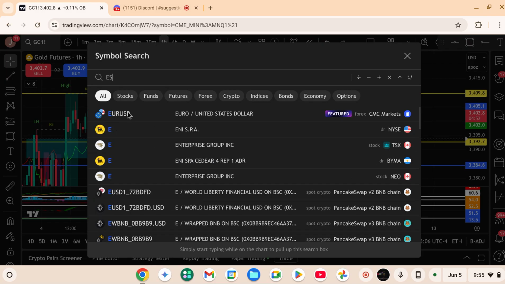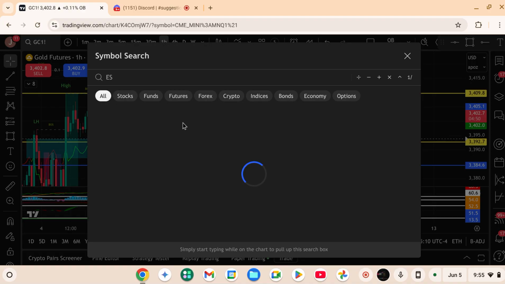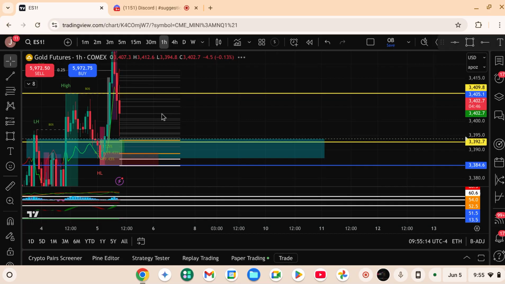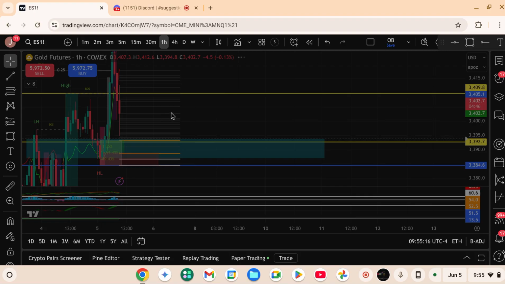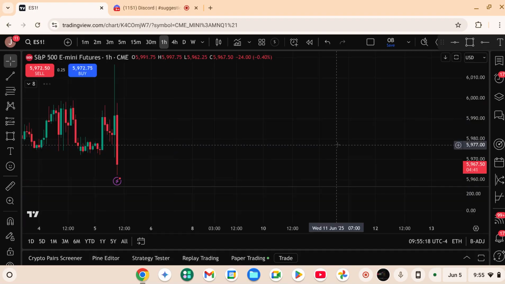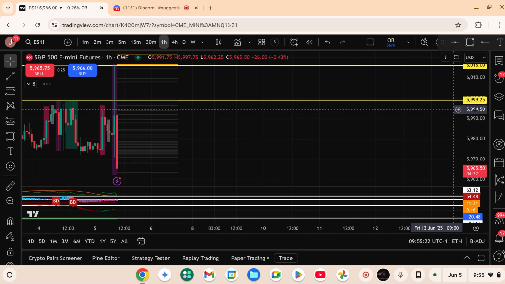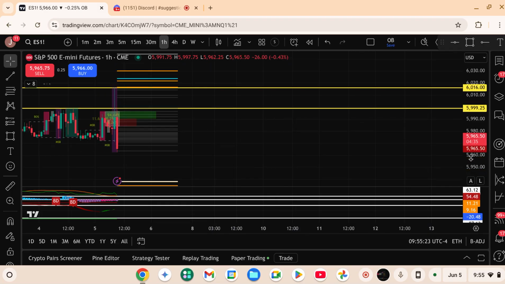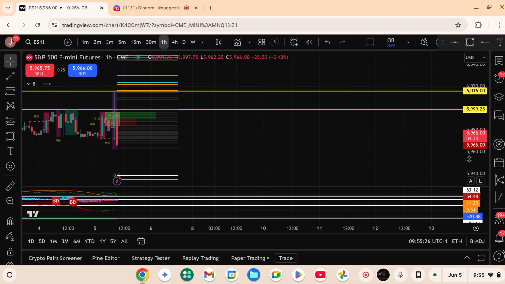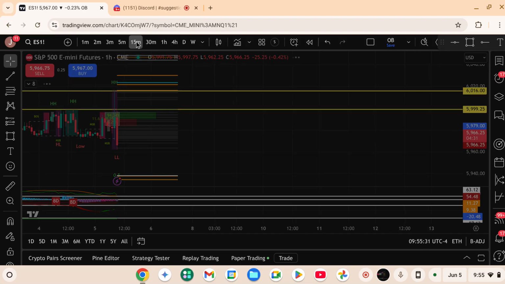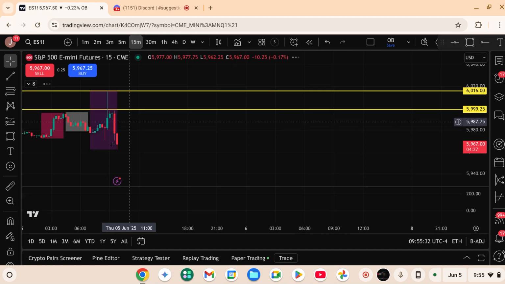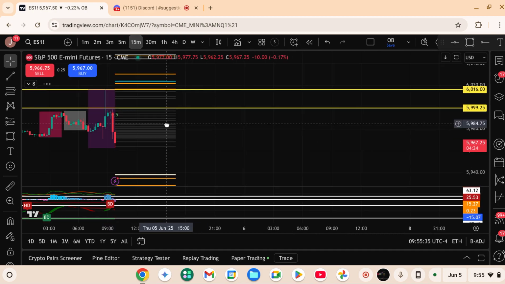There's ES doing. God damn, it's a big ass bearish candle. And 15, let me see. What's going on in the 15?